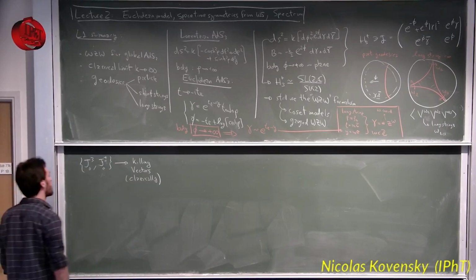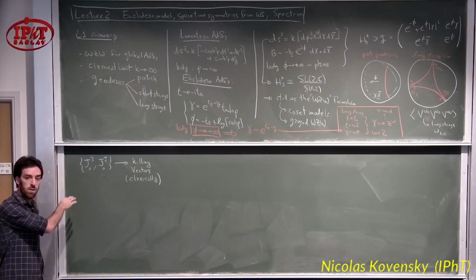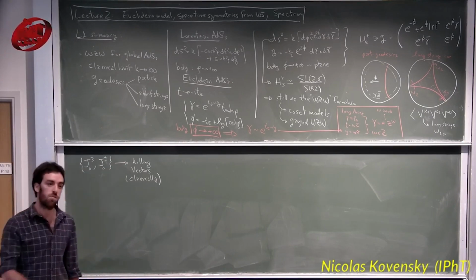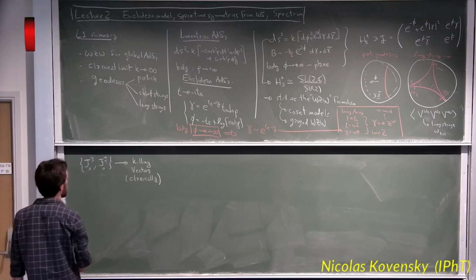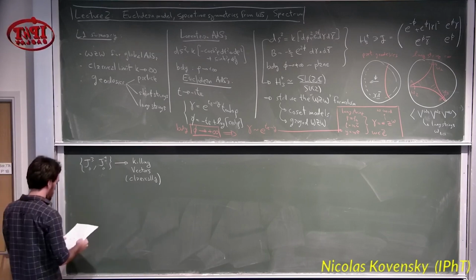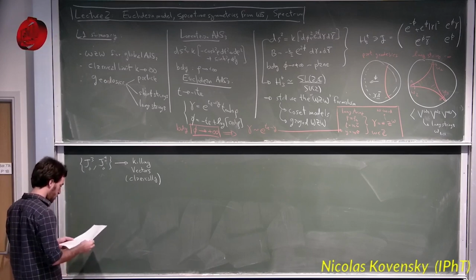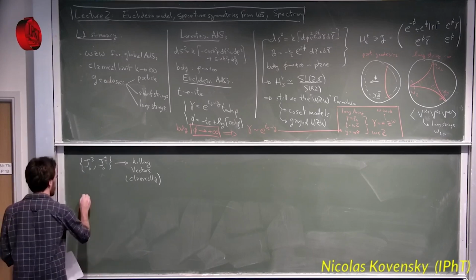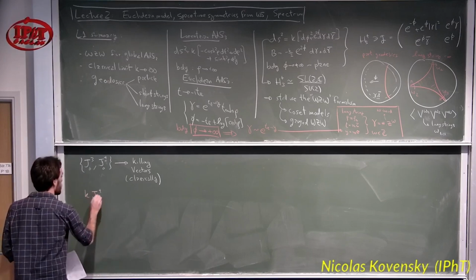Let me use the same name J for Killing vectors, even though J's are usually used for the one-form. It's just the dual Killing vector. So in this language, we simply have these expressions.